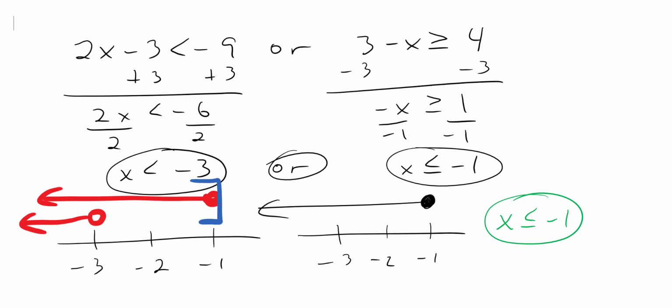So real quickly, if I just did this exact problem, so this exact thing right here, and let's just say it was AND. The difference now would be, you would do the exact same graph, everything would be the same, except you're going to say, where does it start to overlap? Oh, right here. It starts to overlap at negative 3. So you would say, oh, x is less than negative 3.